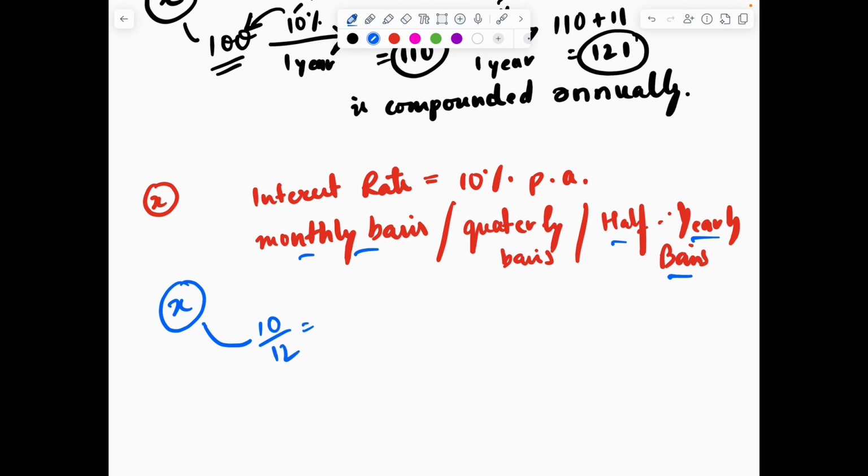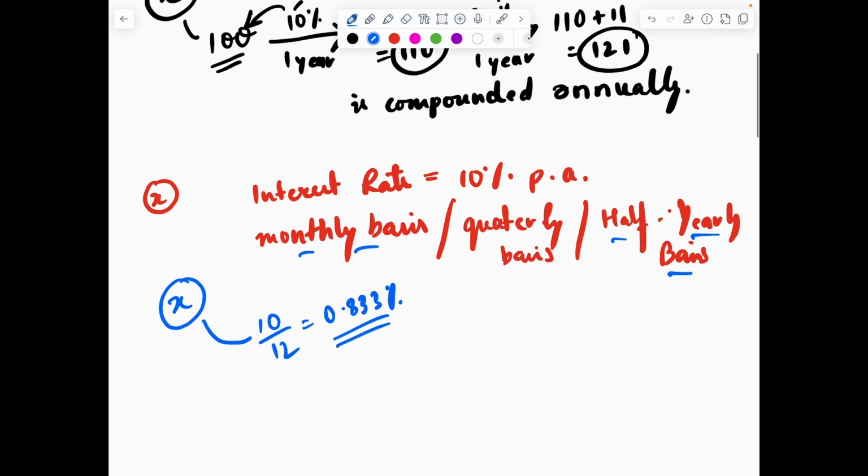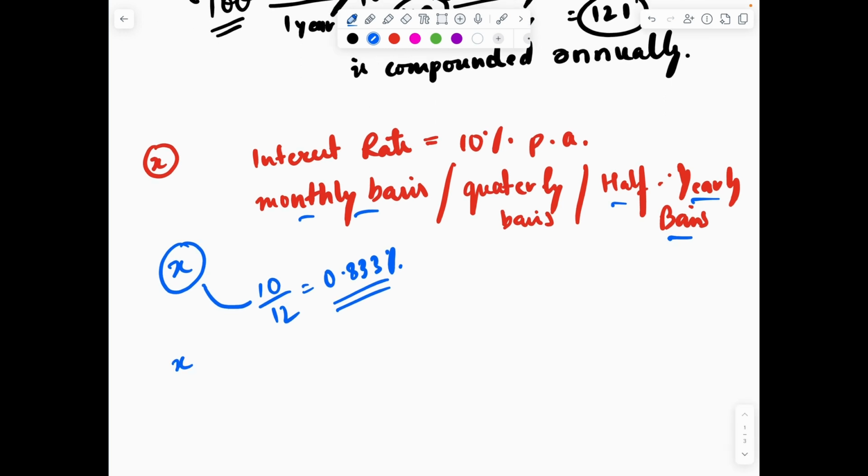So 10 divided by 12 is how much? 0.833%. So if I charge interest on a monthly basis, every month I'm going to charge you 0.833%. So compounding will happen every month.